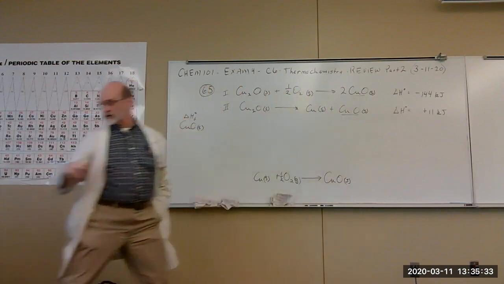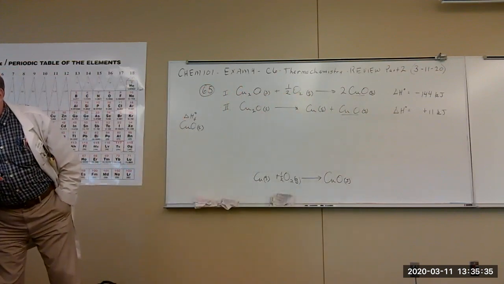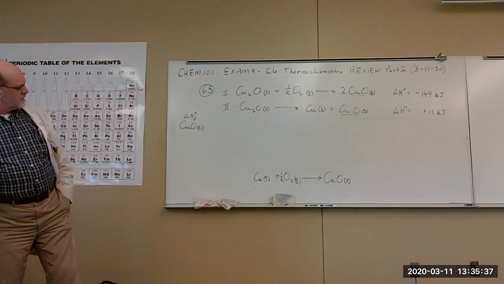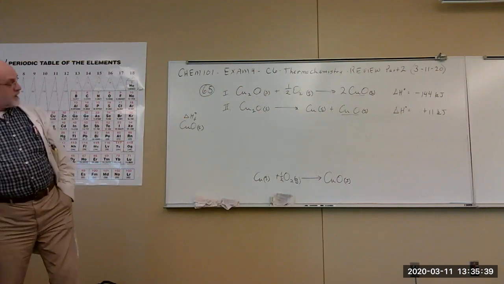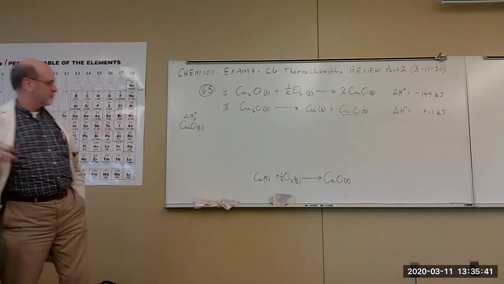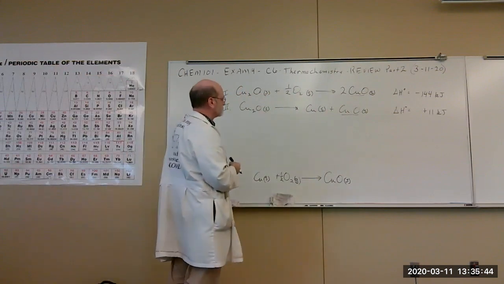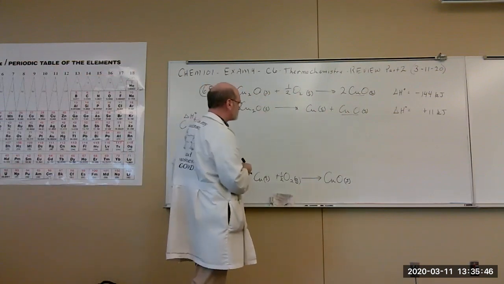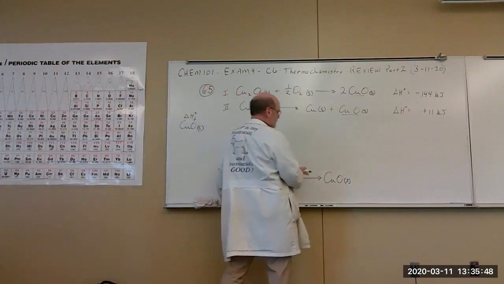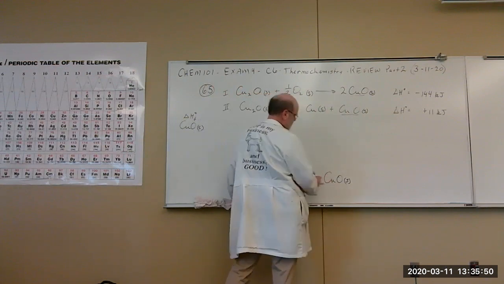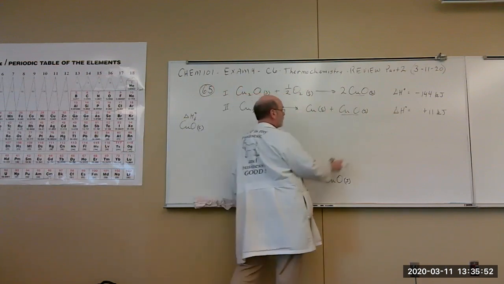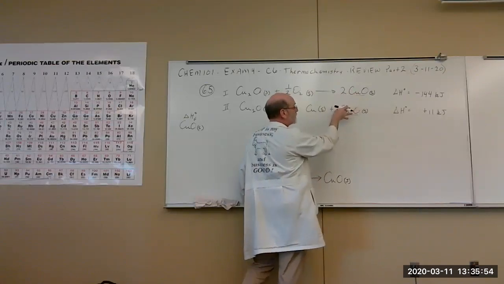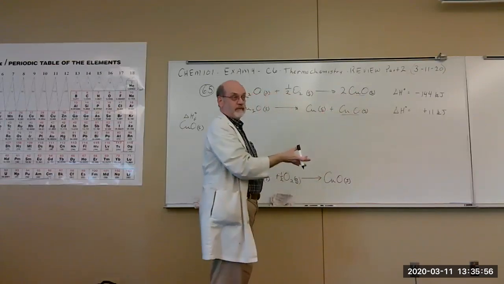Let me be sure I wrote those correctly. Cu2. Okay, so we only need 1 of these, right? So if we leave this one on that side, we're going to end up with 3 of them.